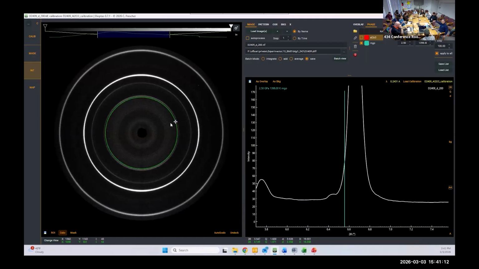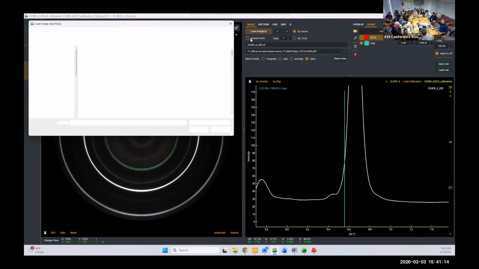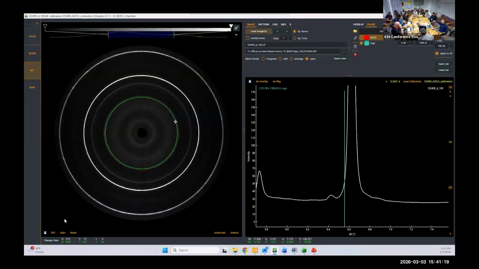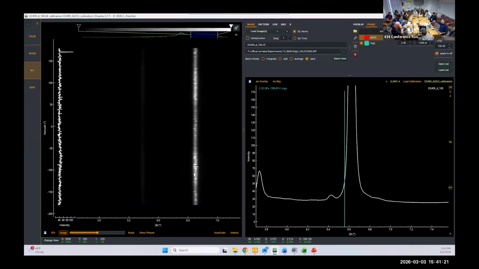During the experiment, near the beginning of deformation, there are a few more photons at 90 and 180 degrees, but not much.